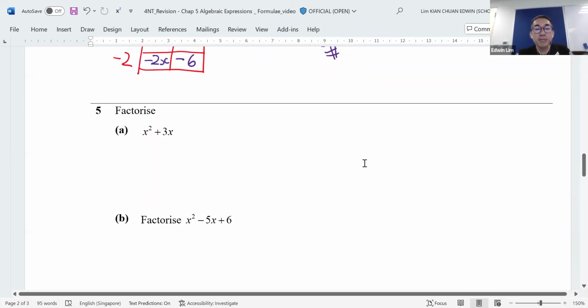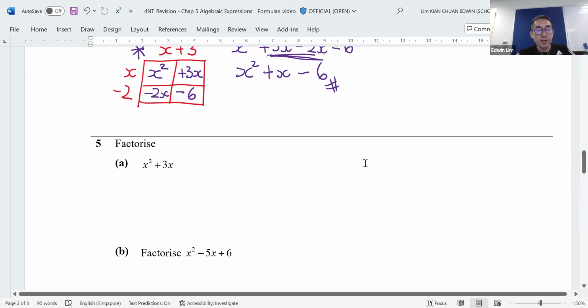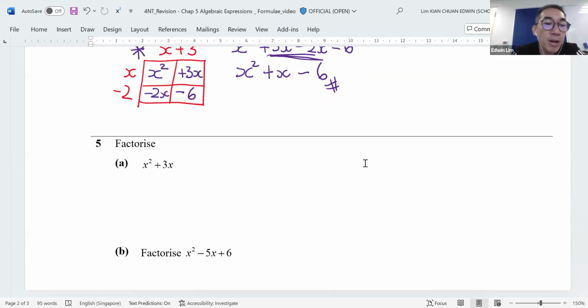Question 5. Factorize x squared plus 3x. Factorize meaning I will need to take out common terms.